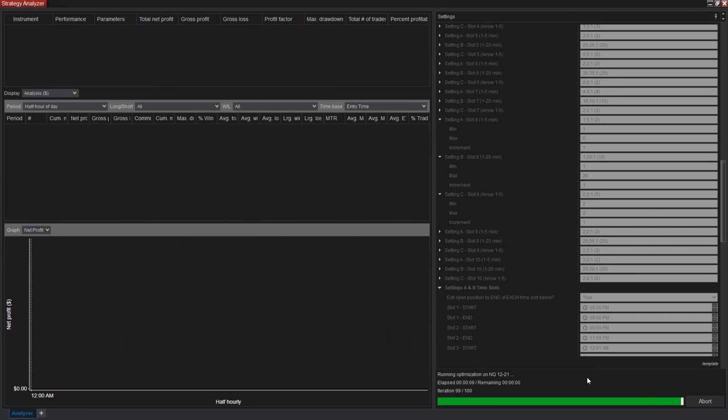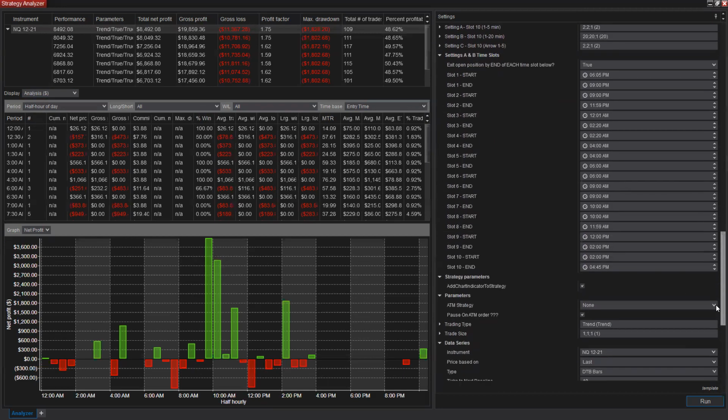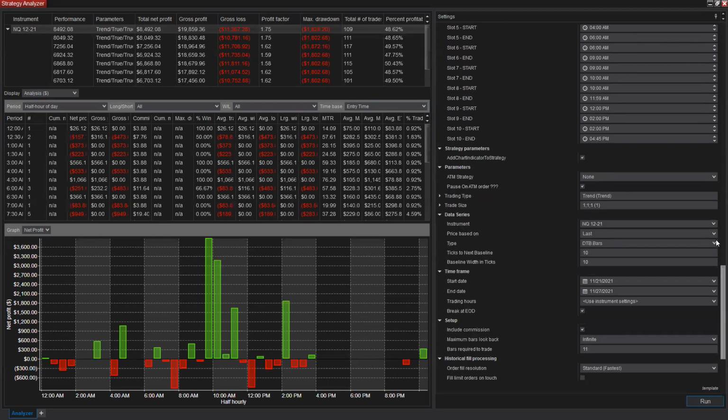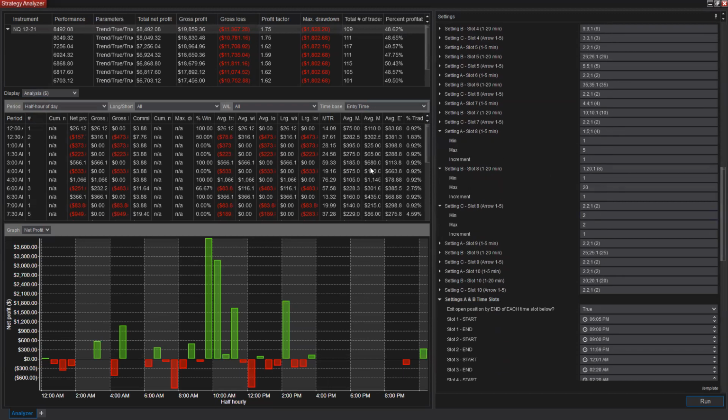And that'll come up. Now that's optimized the next slot. So you can basically go through the entire day and optimize different periods of the day over a period of time. Now we've only done 1 week, so it's only going to give that specific day's data. And that's how you get your optimized settings.